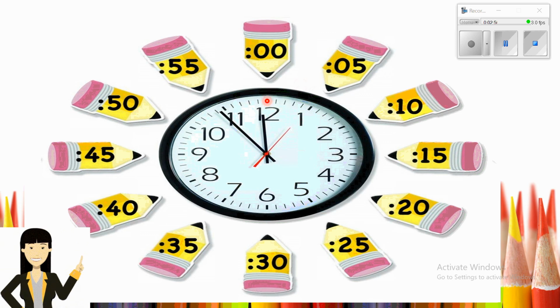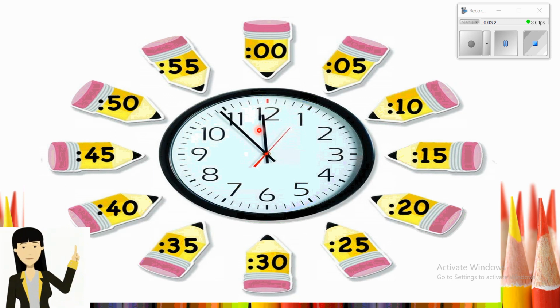Let's skip 5 together. 5, 10, 15, 20, 25, 30, 35, 40, 45, 50, 55, then 0 or 60 or o'clock. Remember, number 12 is 0 or o'clock in telling time, and 60 when I want to calculate how many minutes in an hour.